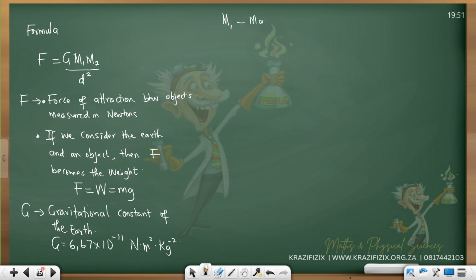M1, mass of object 1 measured in kilogram. M2, mass of object 2 also measured in kilogram.